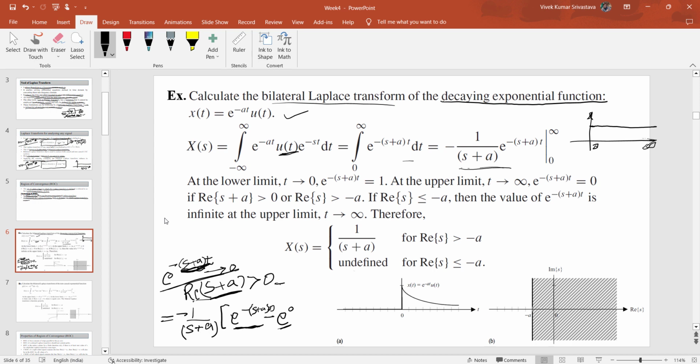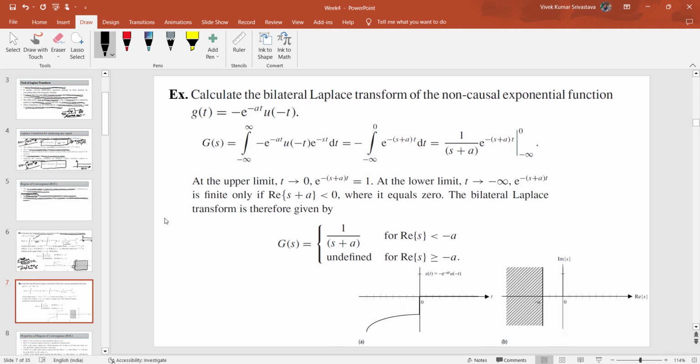Here this is minus a, and for values of s greater than minus a we can define the Laplace transform; apart from that region we cannot define the Laplace transform for this signal. Let us move ahead and see the next example.